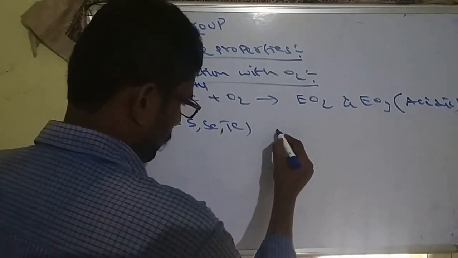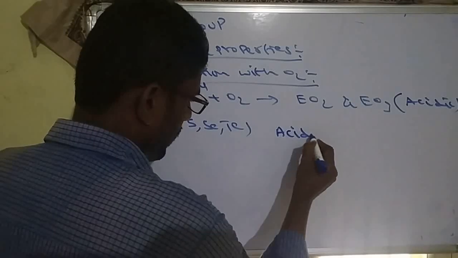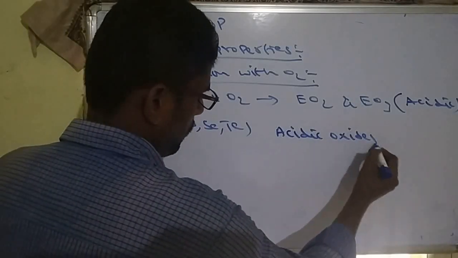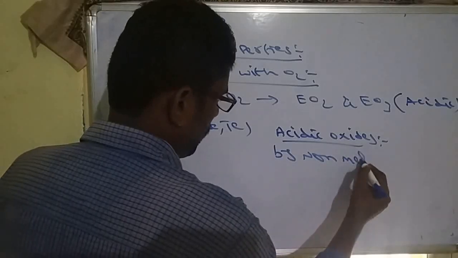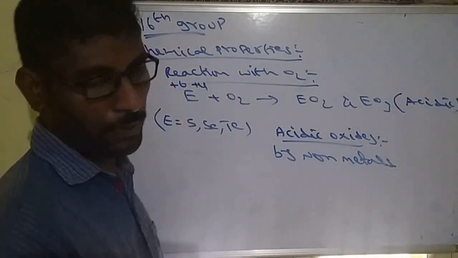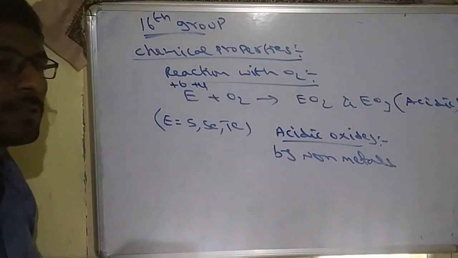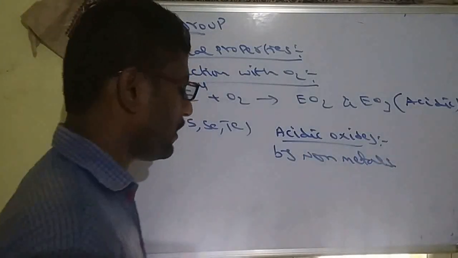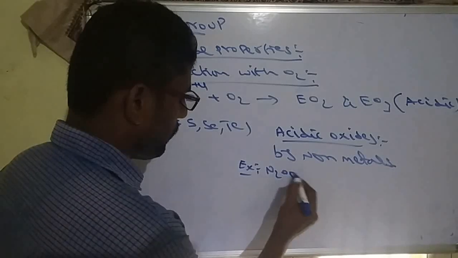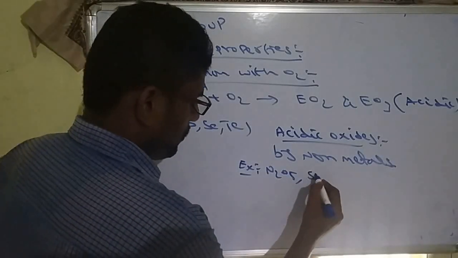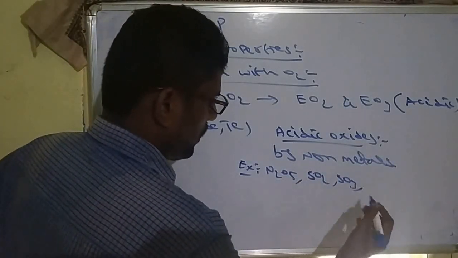Remember, acidic oxides are mostly formed by non-metals. From p-block elements, when forming oxides, they will form acidic oxides. Examples of acidic oxides: nitrogen oxide, sulfur dioxide, sulfur trioxide.